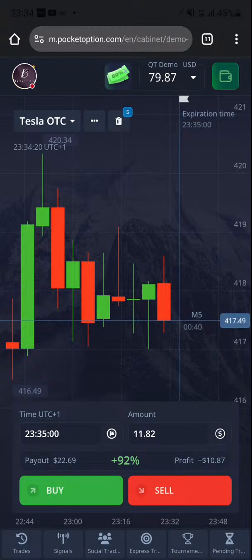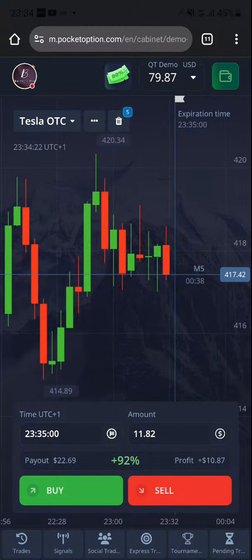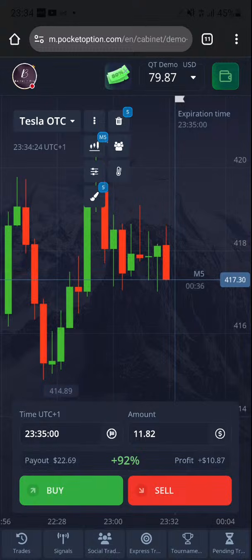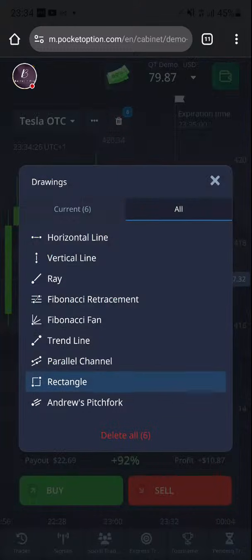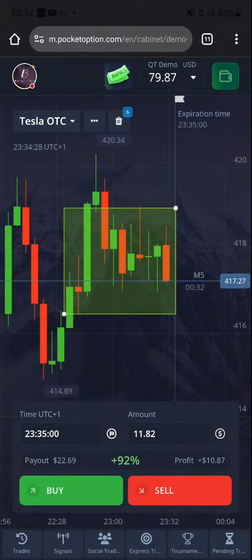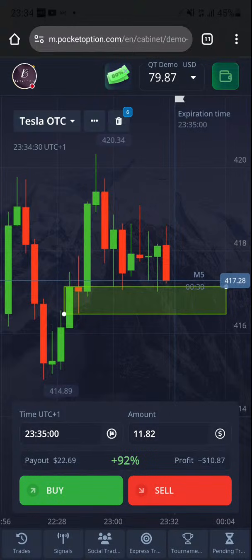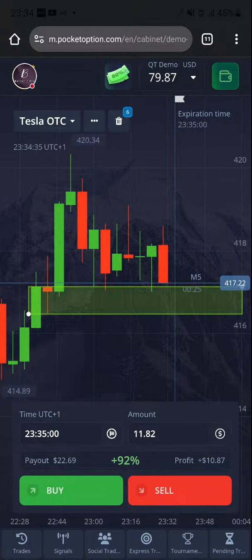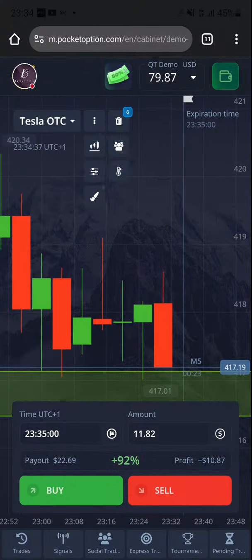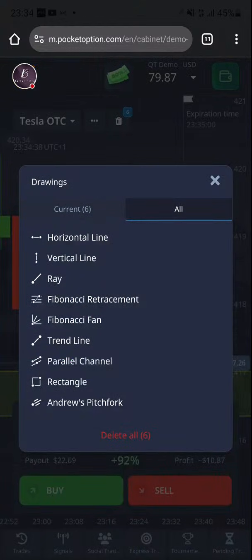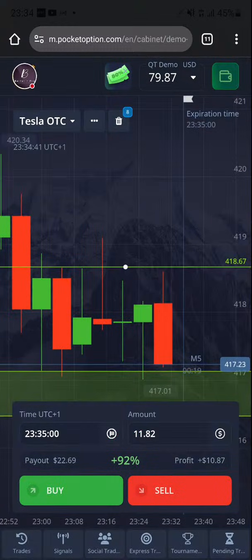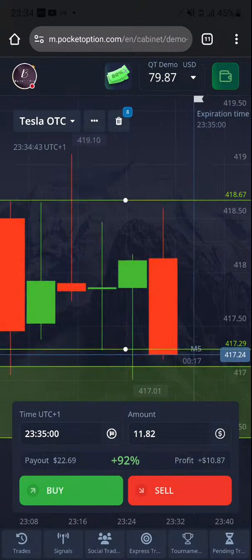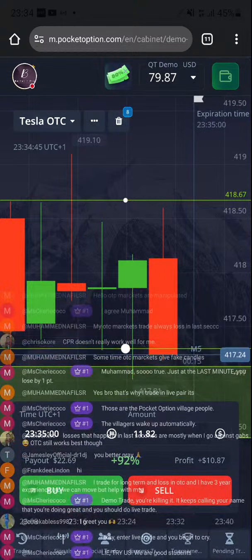Your level of seriousness, the way you pay attention to the market, is going to be different. You are going to watch that trade like a hawk. That same attention to detail is the reason why there seems to be a difference between the demo and the real accounts. It's not because the market actually changes.